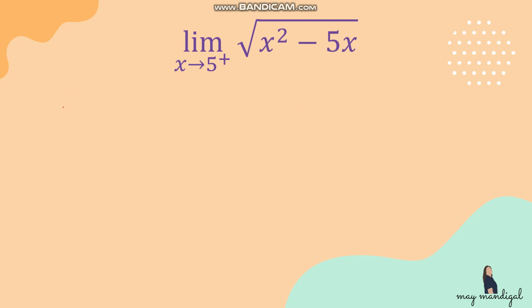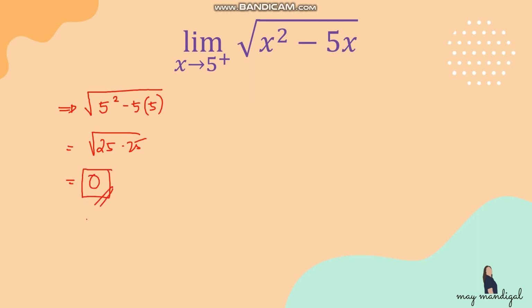If we substitute 5 to this function, that will be 5 squared minus 5 times 5, which is equal to square root of 25 minus 25, or 0. So if we do direct substitution to this particular function, the value of the limit will be equal to 0.